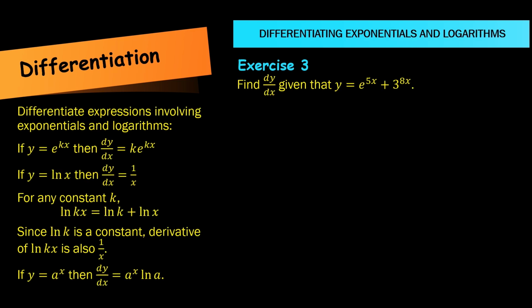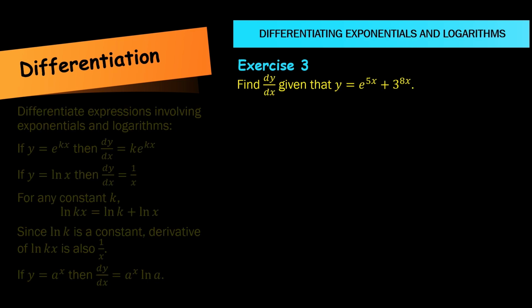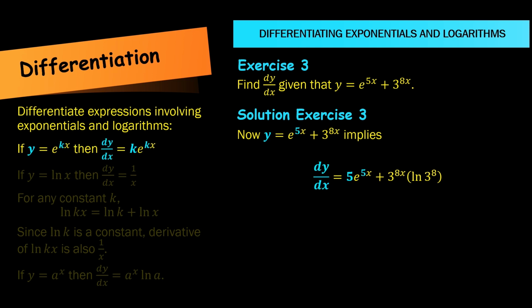Now for the next exercise. We are required to find dy/dx given that y equals e to the power 5x plus 3 to the power 8x. So let's solve this. We can differentiate term by term, so let's consider the first term, e to the power 5x. If we substitute k equal to 5 in the formula as shown, we have that dy/dx of this part of the expression is 5e to the power 5x.